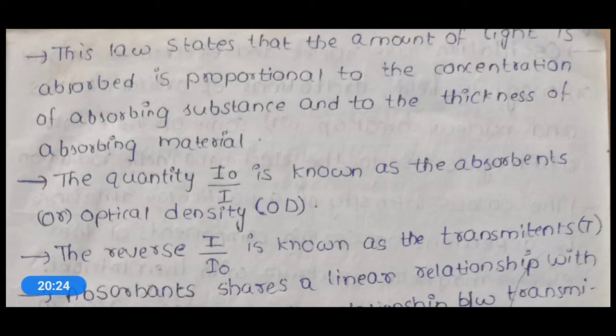This is how Beer-Lambert's law explained the absorption of light. And the quantity I naught by I is known as the absorbance or optical density. So I naught by I is the optical density.